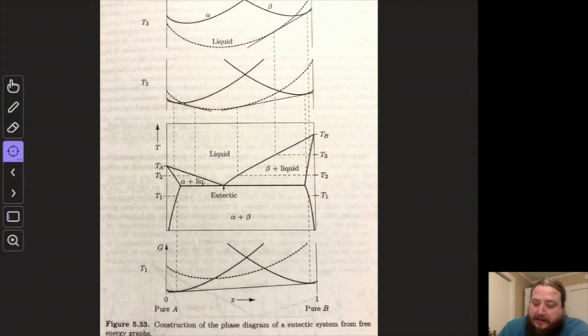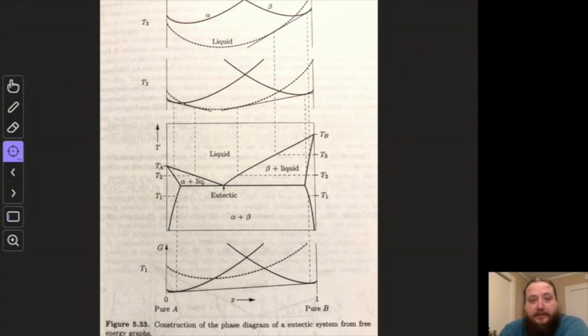But the solid phase is represented here by alpha and beta. Those solid phases will give us a breakdown where the substance as it transitions into solid will not remain a pure homogeneous mixture.